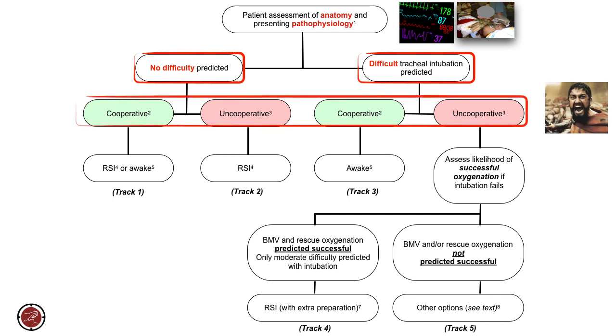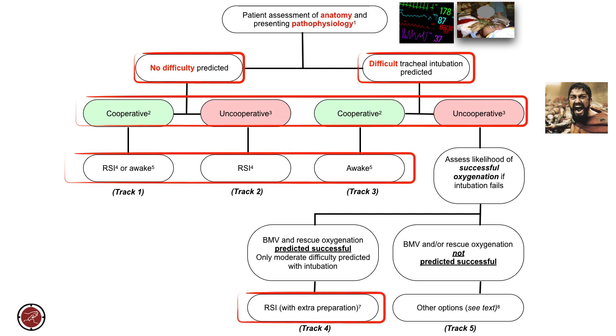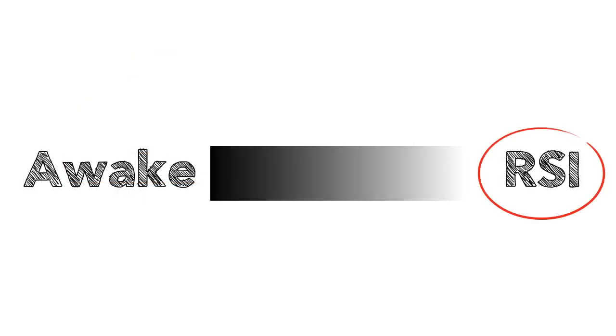You assess their cooperativeness, their ability to cooperate, and ultimately that impacts your decision to do either an RSI or an awake. Now, there is another option here, and I'll address that later on. But again, primarily, it's been awake versus RSI. Yet in the real world, the most common approach that we use is to perform an RSI in emergency medicine.